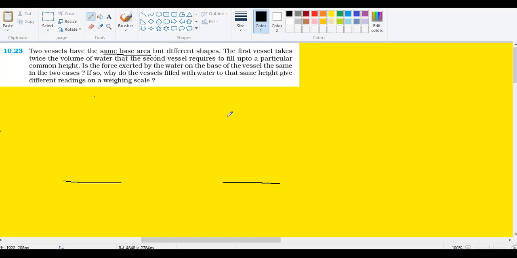For simplicity, I'm going to assume a cylindrical shape over here. But here they said this is going to have a shape which is bigger than this, which means I'm going to take a shape something like this. It's also filled up with water, the same level.